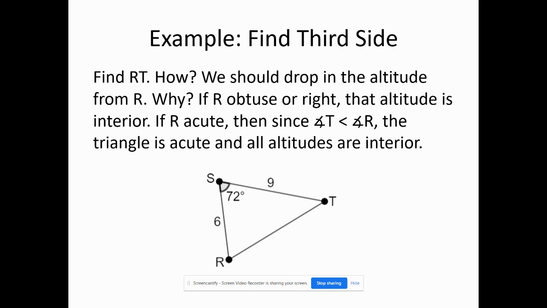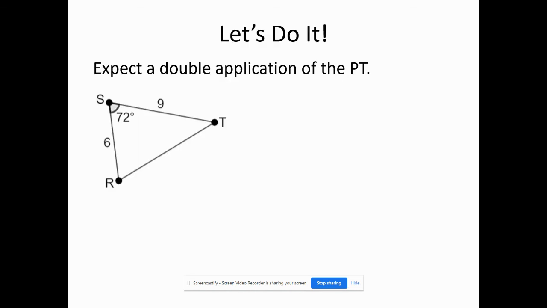So no matter what kind of triangle this is, the altitude from R will have to be on the inside. And you can always repeat that logic. So take the altitude to the larger of the two given sides, and you know it will be on the inside. And now let's actually talk just a little bit about how you would do this problem, and then I'll hush up.